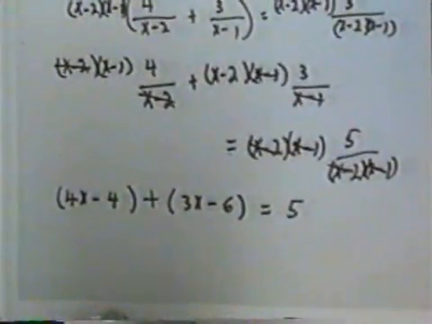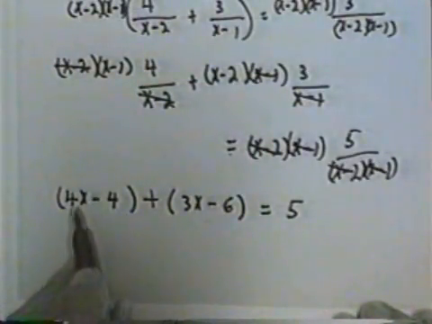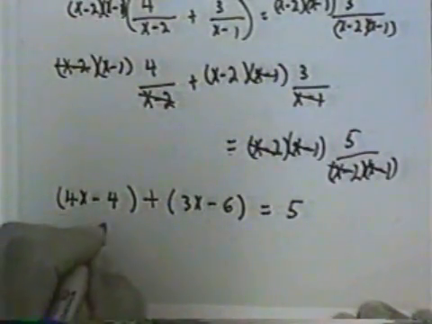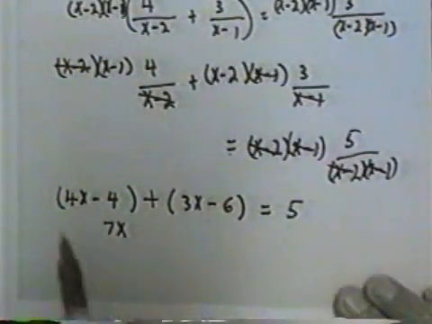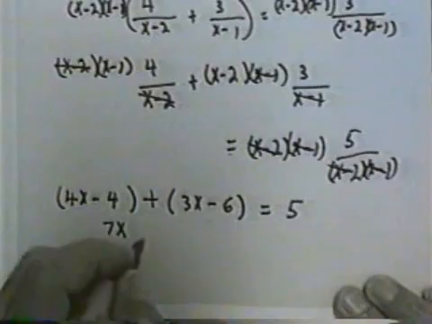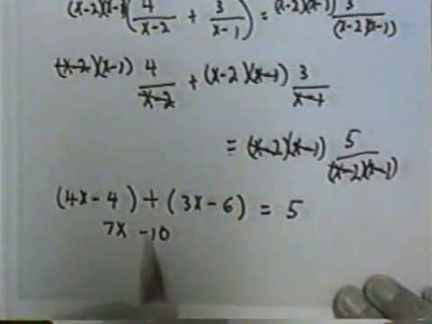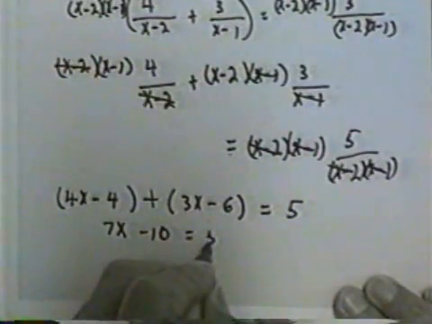Again, I have a linear equation. I'm going to combine like terms. 4x plus 3x is 7x. A negative 4 and a negative 6 is negative 10. So I have 7x minus 10 is equal to 5.